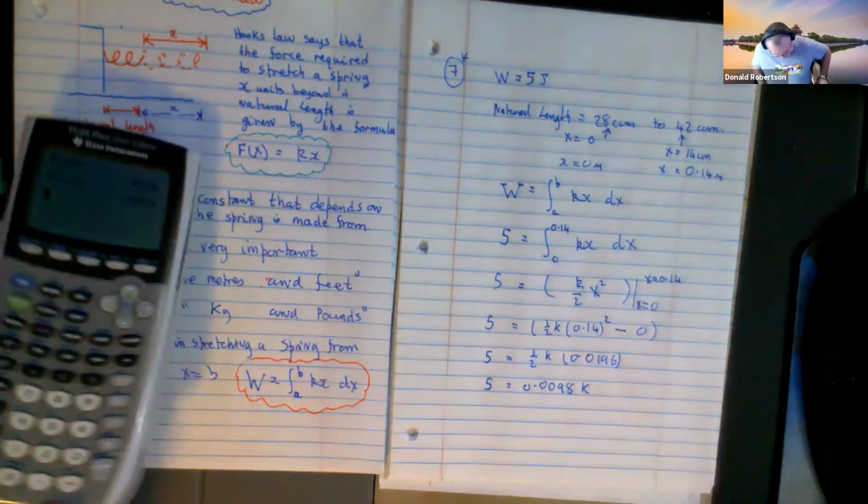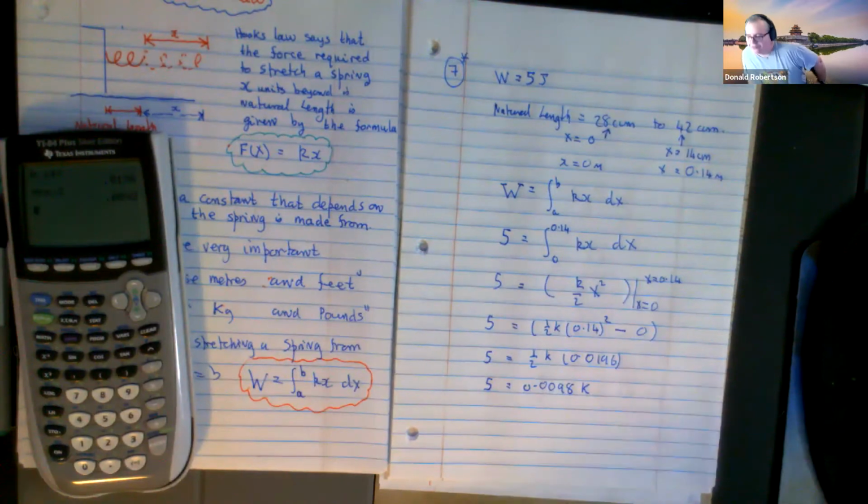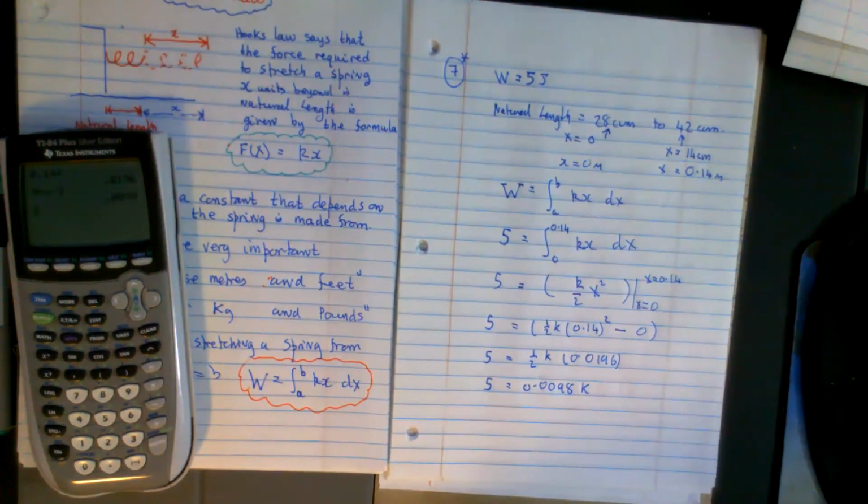It's a physics thing, so ugly numbers are just going to happen. Right, now that we've got to this point, how do you get k? You divide 5 by 0.0098.